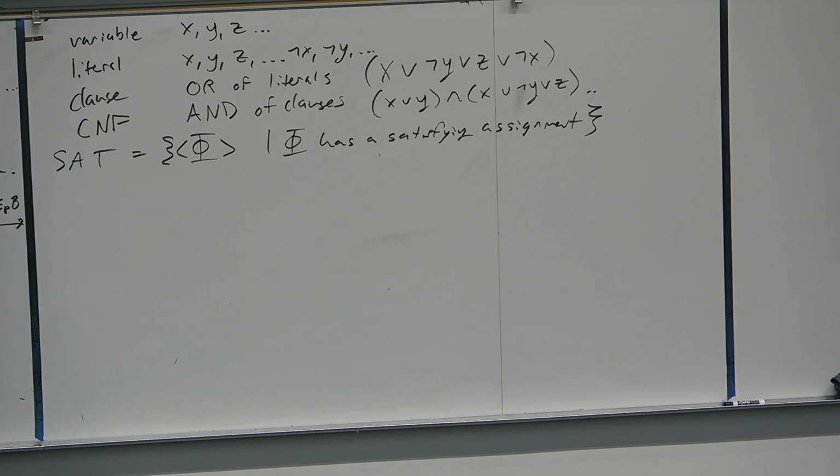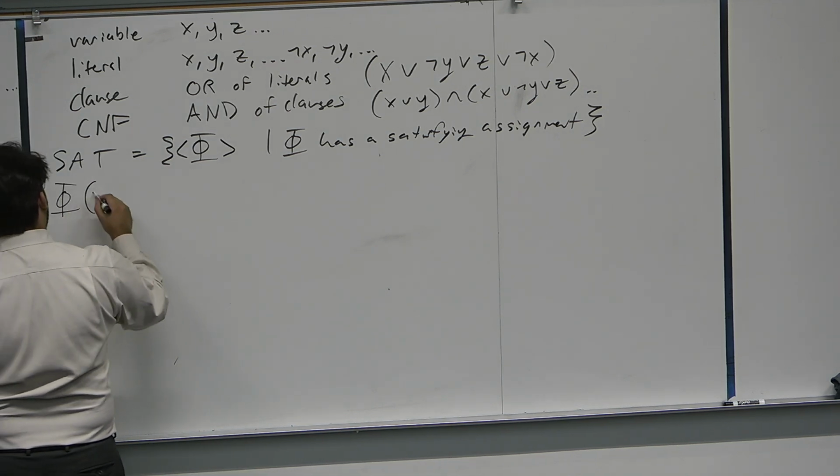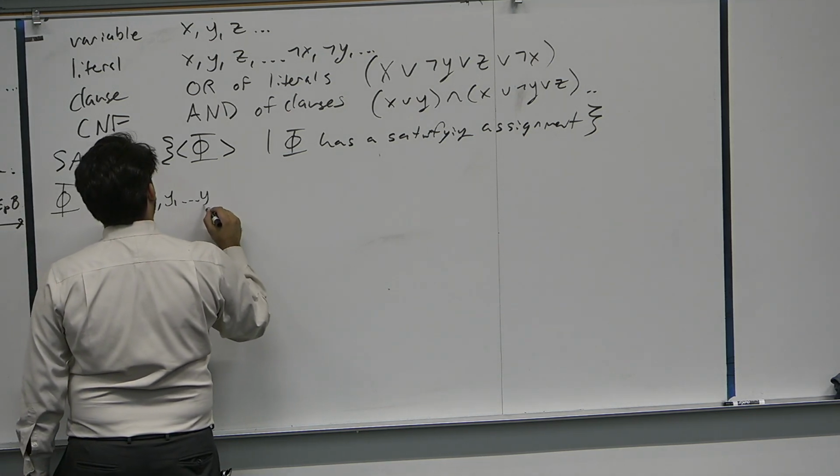I'm going to give you a CNF, and I want you to tell me what inputs to it are correct. Let's see. Suppose we have a CNF of 2n variables, x1 to xn, y1 to yn.